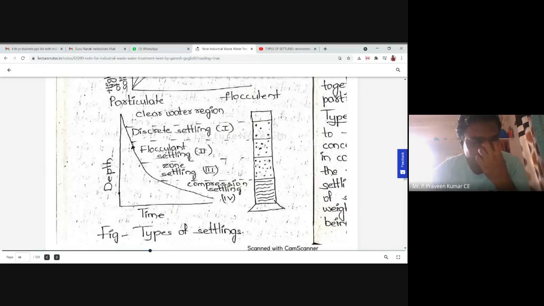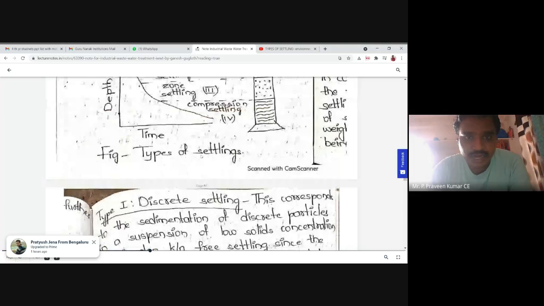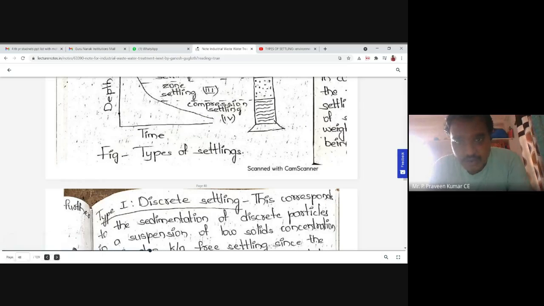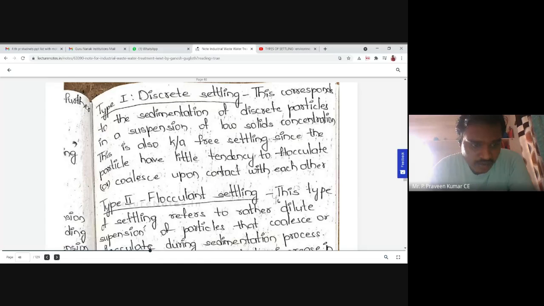Okay, these are the four different types of particles which will be settled in the sedimentation process. Okay. Now see, what is meant by discrete settling, what is meant by type 2, what is meant by type 3, and what is meant by type 4. Now we will be discussing these four different types of the particles.